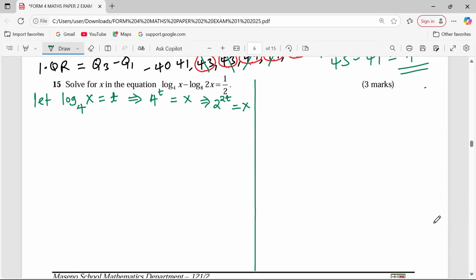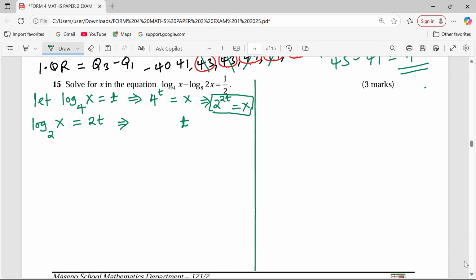Back to logarithms now, such that we have the log to base 2 of x equals 2t. I'm changing this index notation to logarithm form. At that point, how can we remain with t?